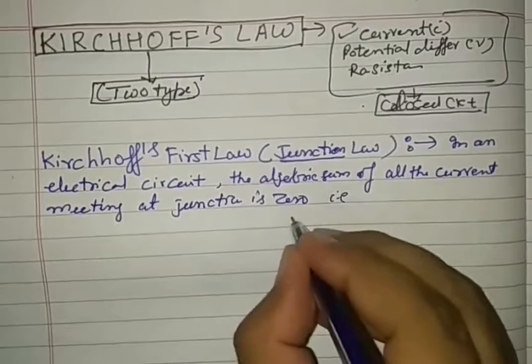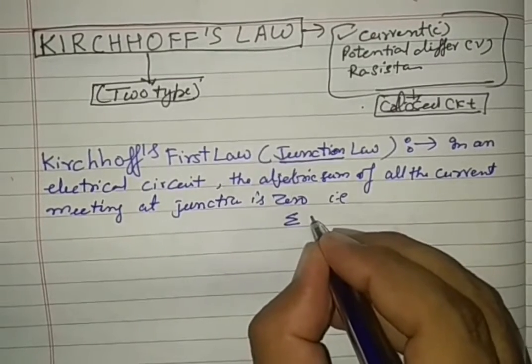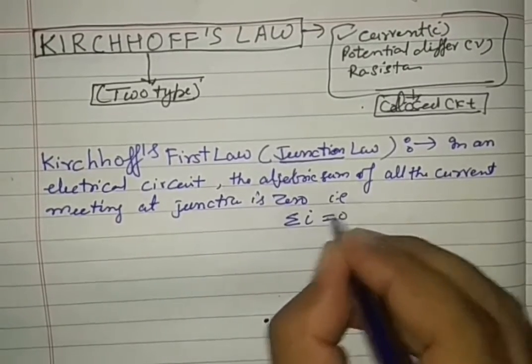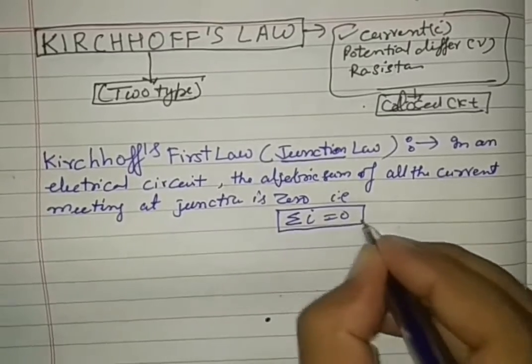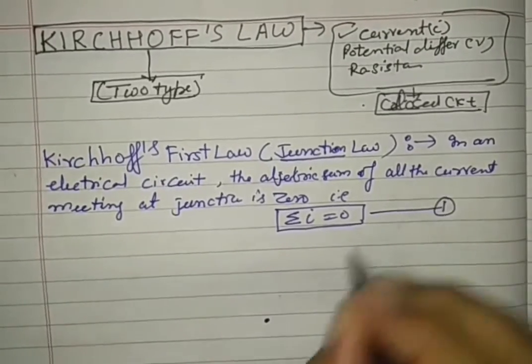That is, summation of all current is equal to zero, representing the algebraic sum of all the current.